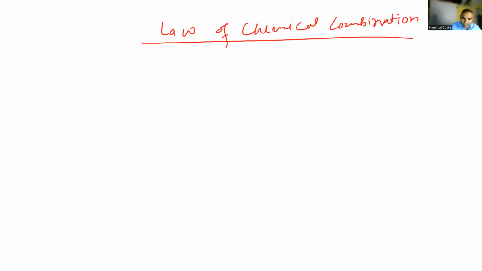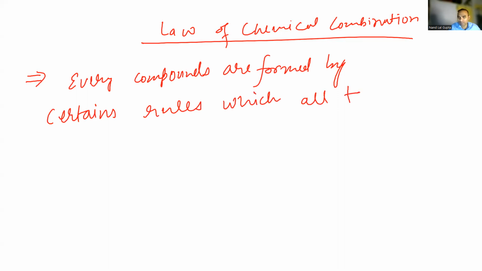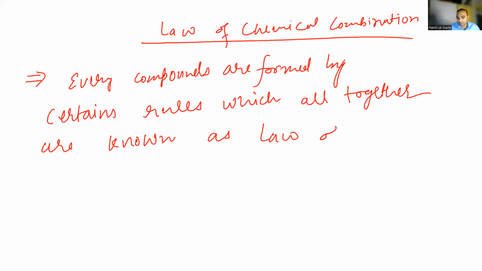Law of chemical combination. What is it? Every compound is formed by certain rules, which all together are known as the law of chemical combination.